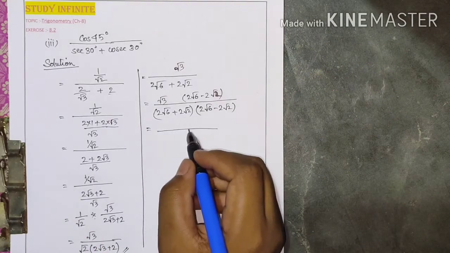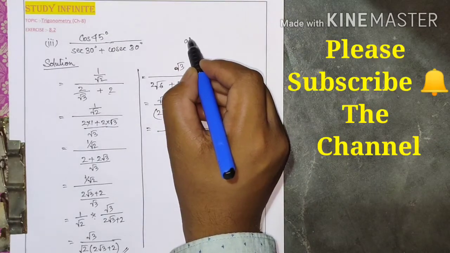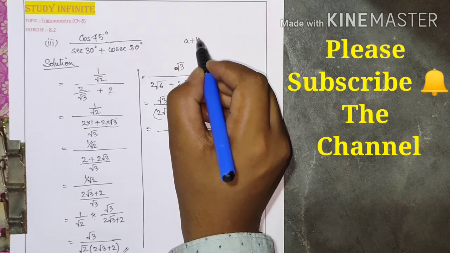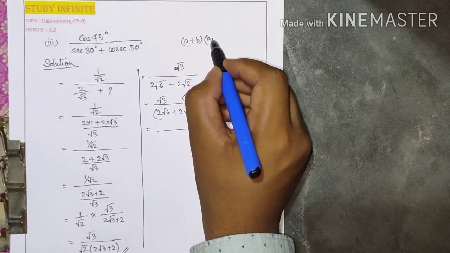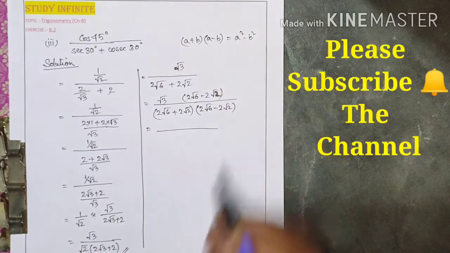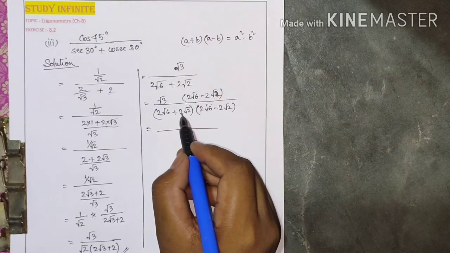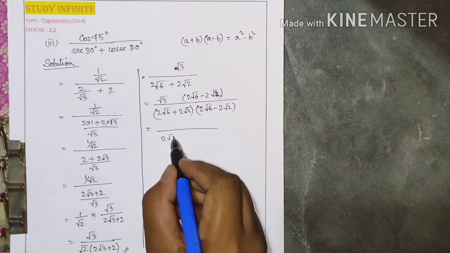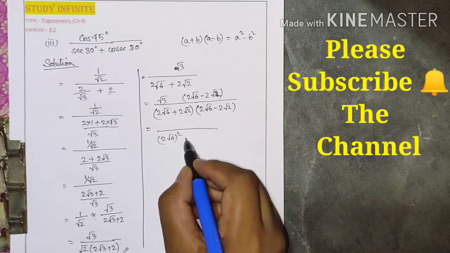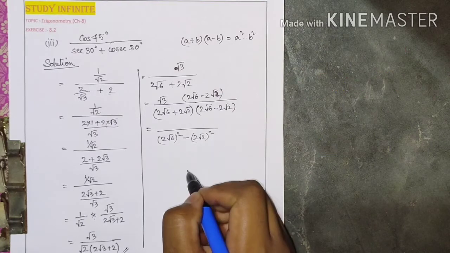Here comes a formula, that is a plus b multiplied by a minus b. It is a square minus b square. So a square, here a is 2 root 6 and b is 2 root 2. So 2 root 6 whole square minus 2 root 2 whole square.